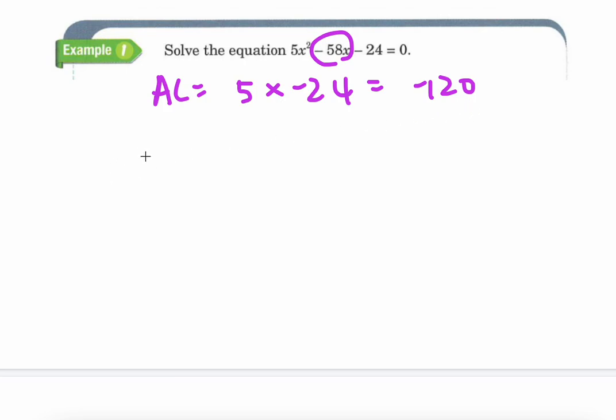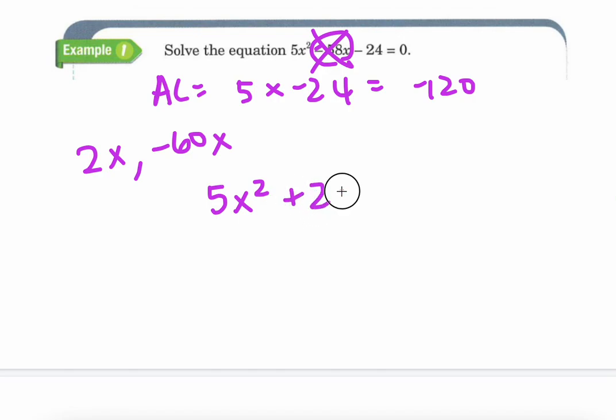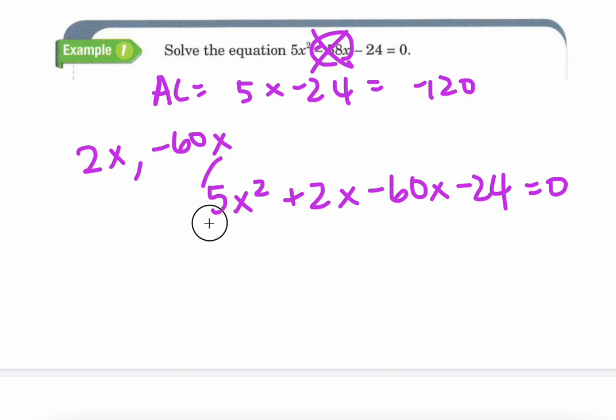And we already did that, so I'm not going to do that again. We ended up with 2 and negative 60, right? Now with the AC method, you're going to replace this middle term with your two values. Okay, and then you're going to need to group your terms together.